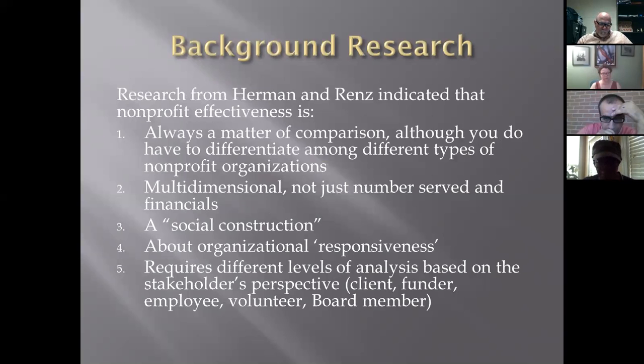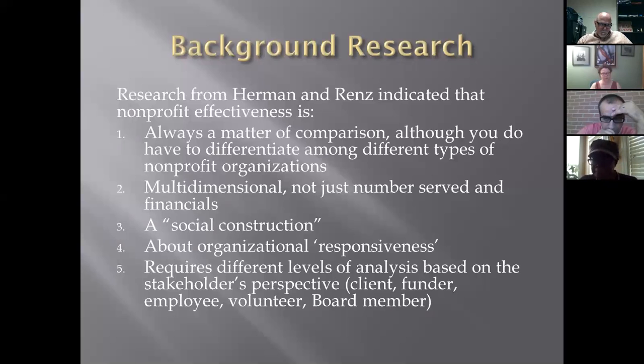And finally, effectiveness in nonprofits requires different levels of analysis based on the stakeholder's perspective. You have to appreciate each group's perspective so that when you report your effectiveness in communications, you are telling the different stakeholders what they're interested in hearing, to then influence their perception.